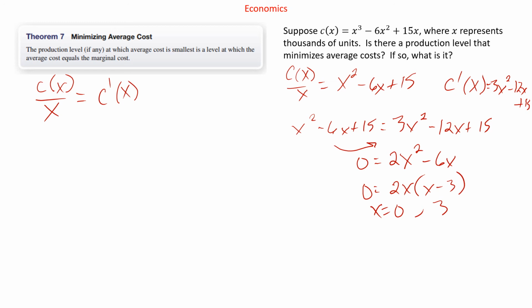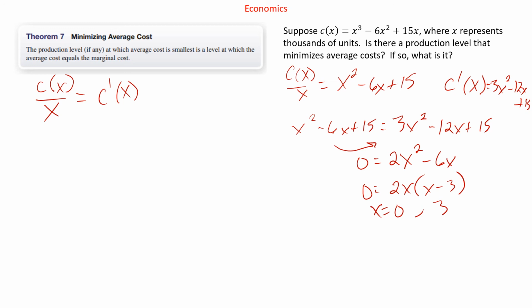And so if we plug them in, this is where the average cost is the smallest. So if we make nothing, the average cost is the smallest. I mean, that makes sense. I made no paella today.